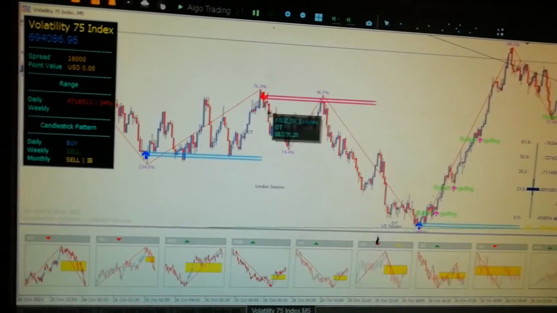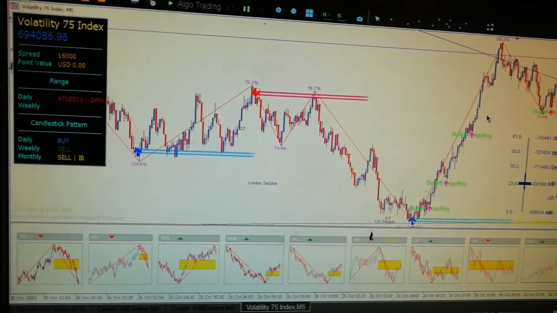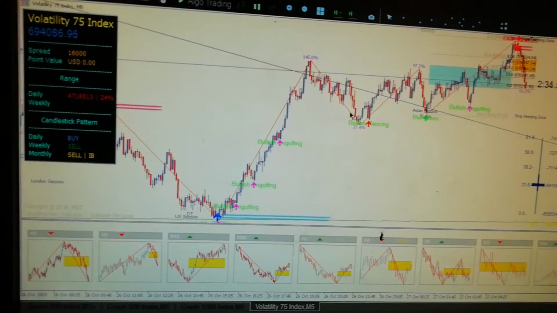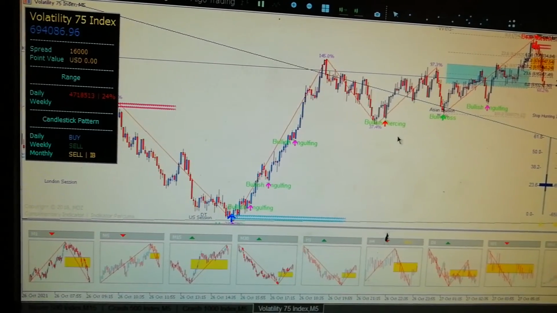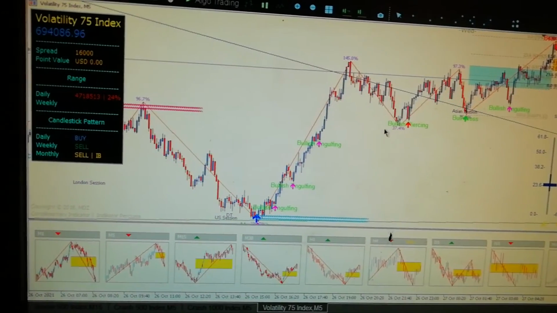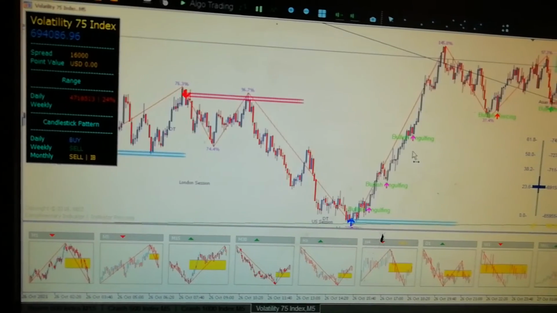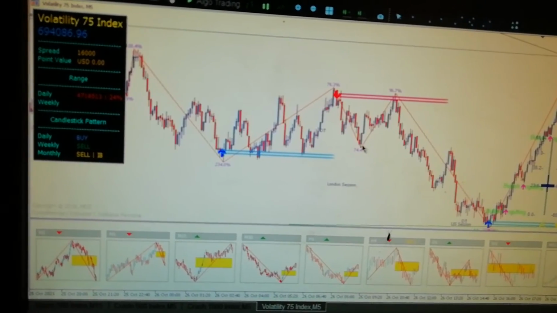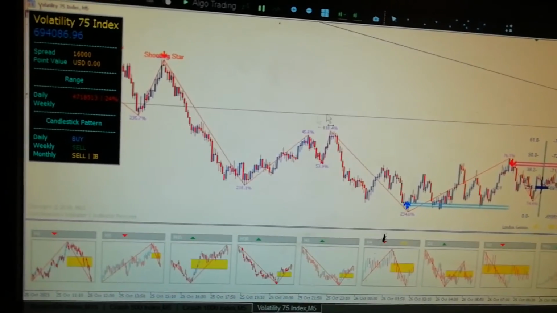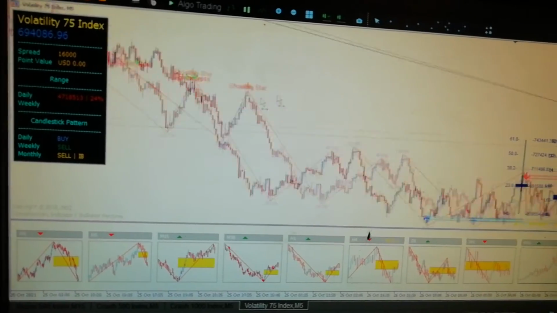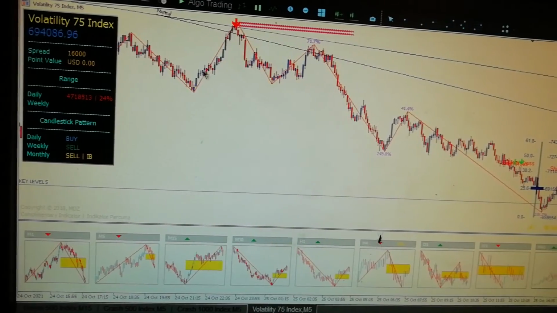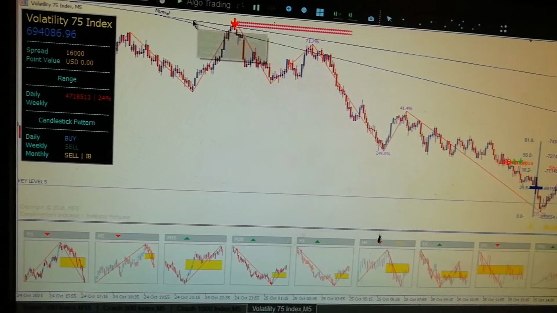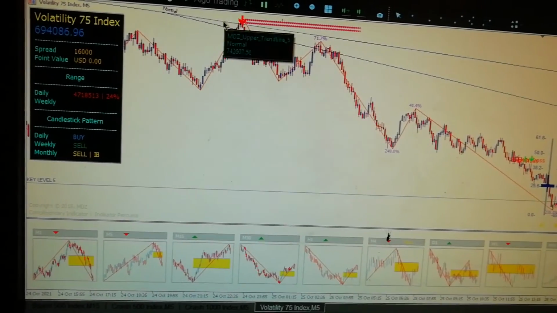Or if you don't see these arrows, you see some bullish confirmations. Let me try to look for a good example. As you can see here, our candlestick reached this resistance trend line.